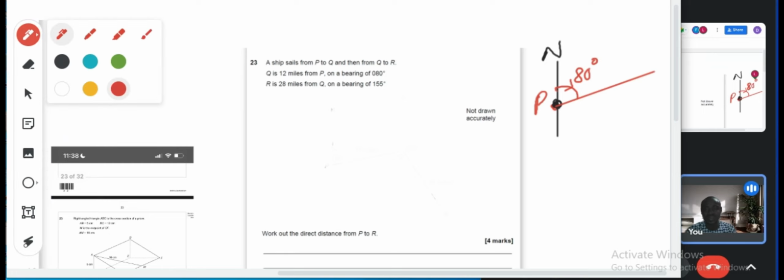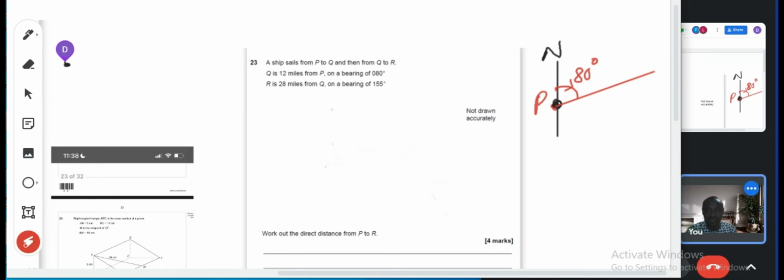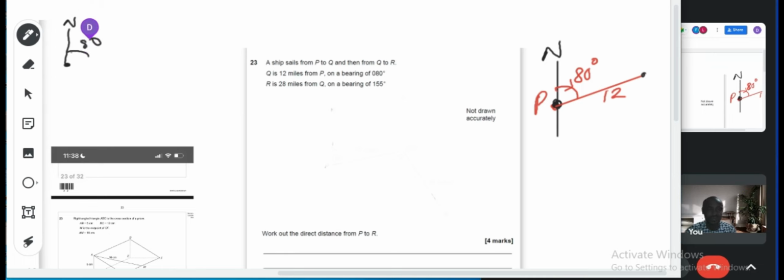And it says it is what distance from P? 12 miles. So you just write 12 miles. So assuming this is now where Q is, and then you draw another north line at the end. Exactly. Draw another north line.